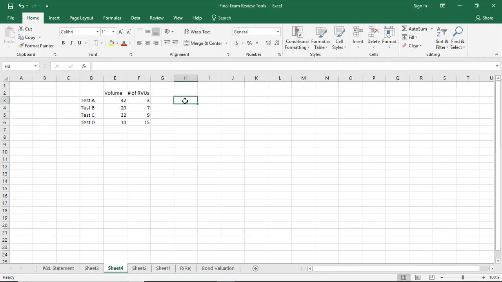So you can then come over here and determine your total number of RVUs, which is going to be the volume of the test times the number of RVUs that you use. You can pull that down here and then total it up. So 704 total RVUs.